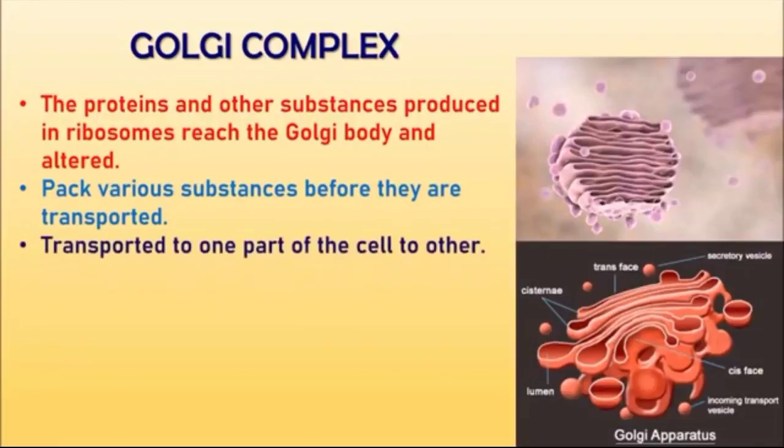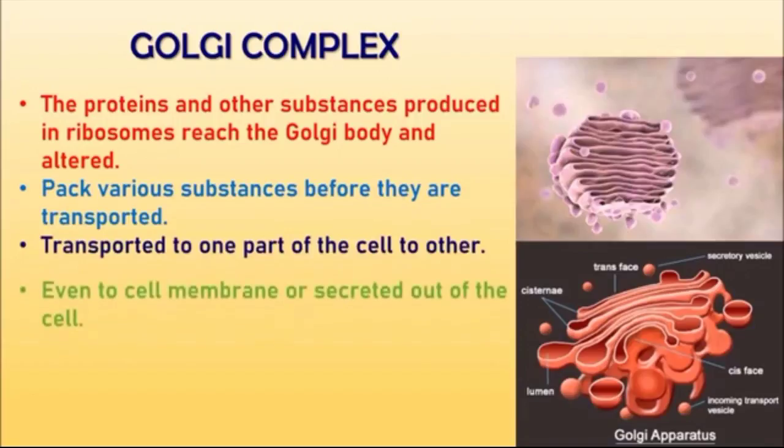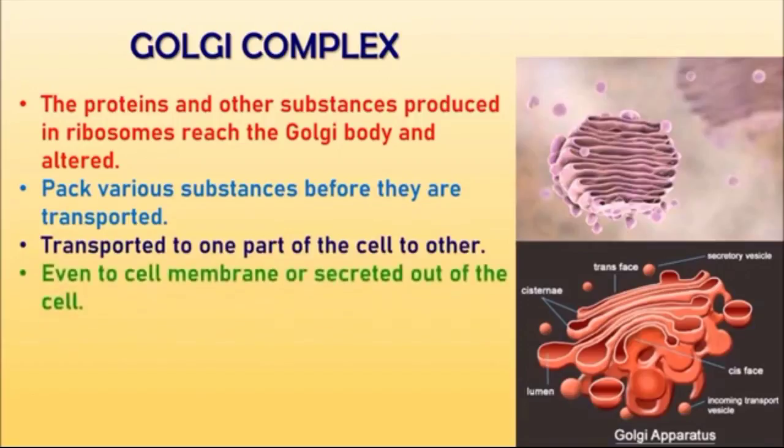They are transported from one part of the cell to another part, or even to the cell membrane or secreted out of the cell. So, whatever the cell secretes out is known as secretions. Secretions are of two types, like enzymes and hormones.